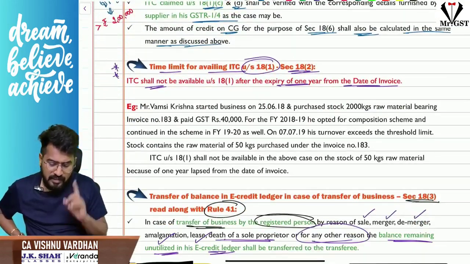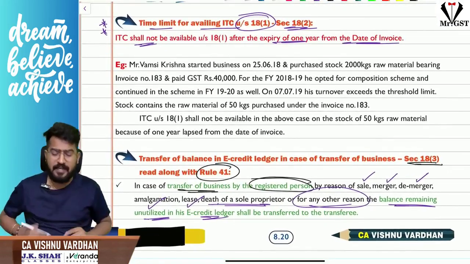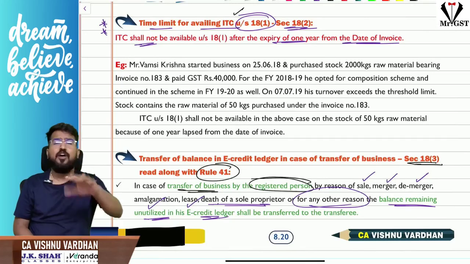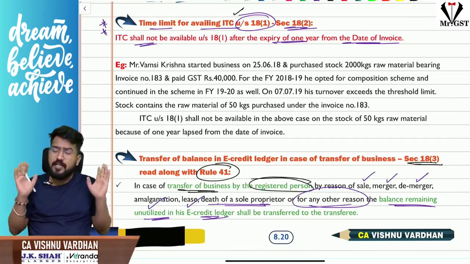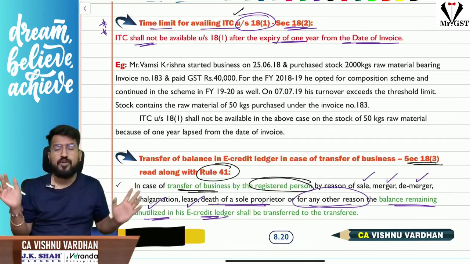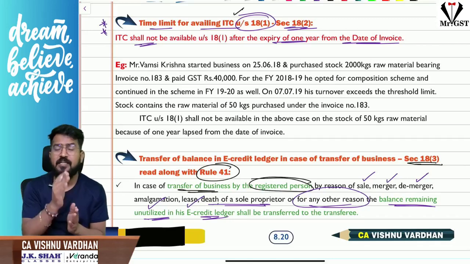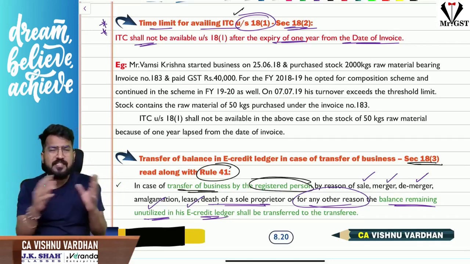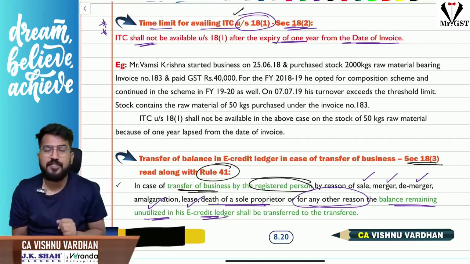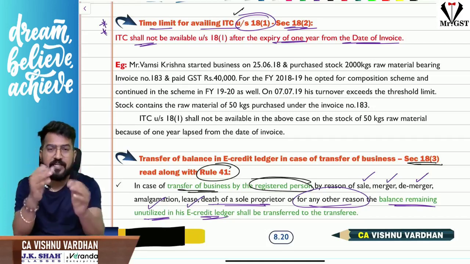Now, sir, the interesting part is, if you want to take ITC under 18 subsection 1, as we have just discussed in all the 4 cases, clause A, B, C, D, the time limit to avail ITC is 1 year from the date of invoice. That means 16 subsection 4 gives the actual time limit for availing ITC in normal cases, but 18 subsection 2 gives the time limit if you are claiming ITC under 18 subsection 1.